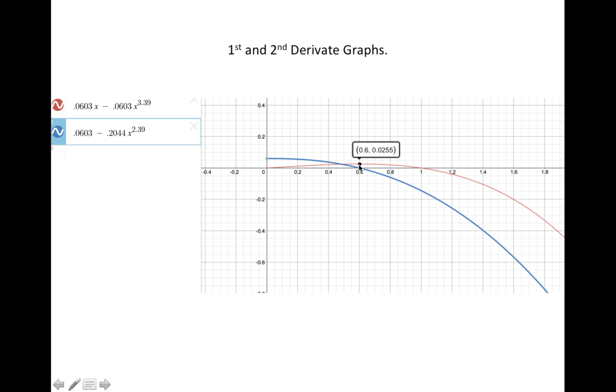You can see the critical point, the max, which is right here. We got 0.6, 0.0255, first derivative graph right here, which shows that which intersects also at 0.6 x value.